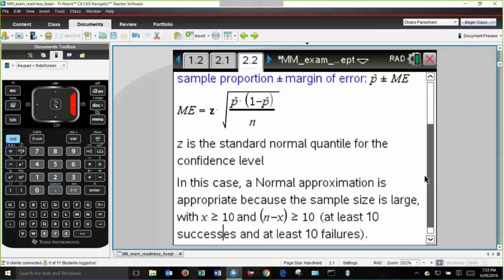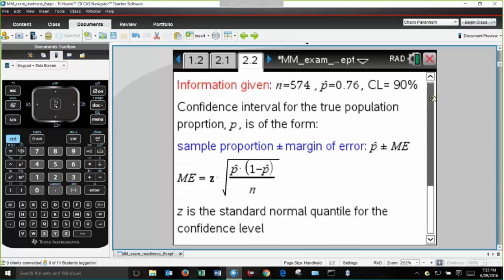So the information we're given is the value of n, the value of p hat, and we want a confidence level of 90%. Now, the confidence interval for the true population proportion is going to be of the form the sample proportion plus or minus the margin of error. The term margin of error doesn't appear explicitly in the study design, so it's not going to be used in the exam, however the concept is one students need to be familiar with.